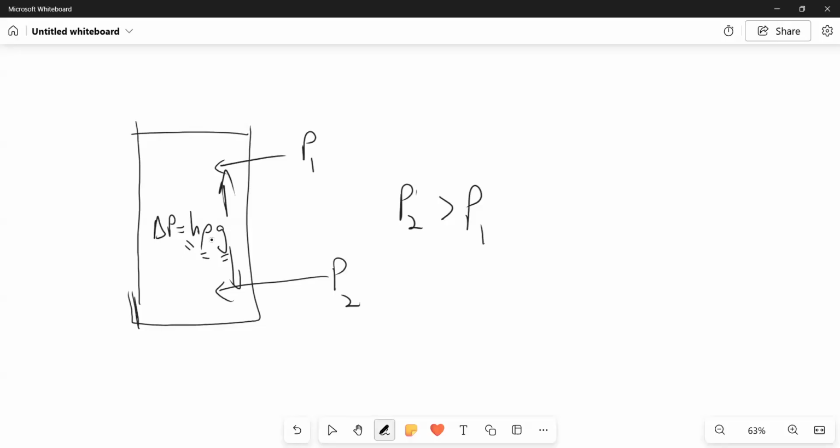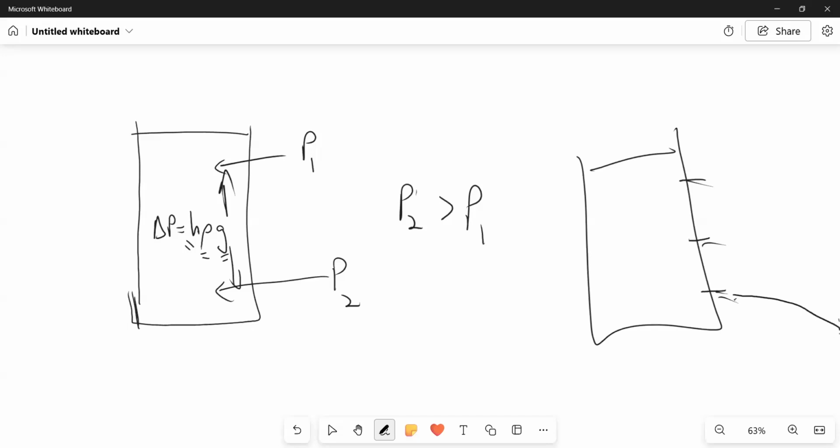And a simple experiment to show that pressure increases with depth: you take a container, and you put a hole here, and a hole here, and a hole here. Throw in water inside. And you unplug these holes all at once. You pull out the plug, pull out the plug, pull out. What you find is that the water at the bottom here will spout out farthest. The water here might spout out up to there. And the water here might barely fall right here.